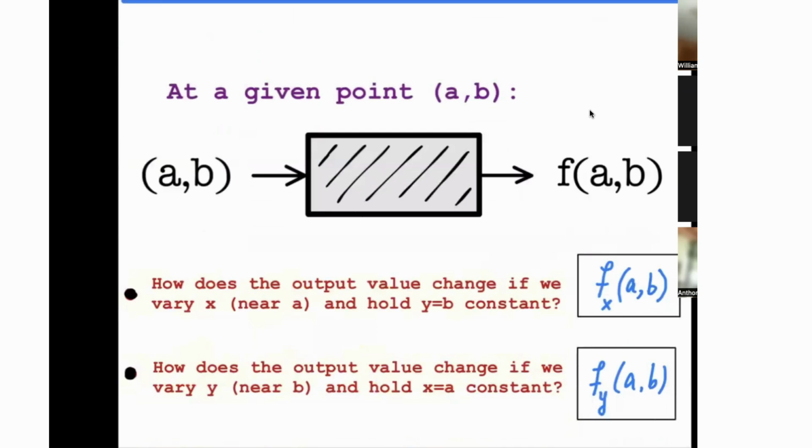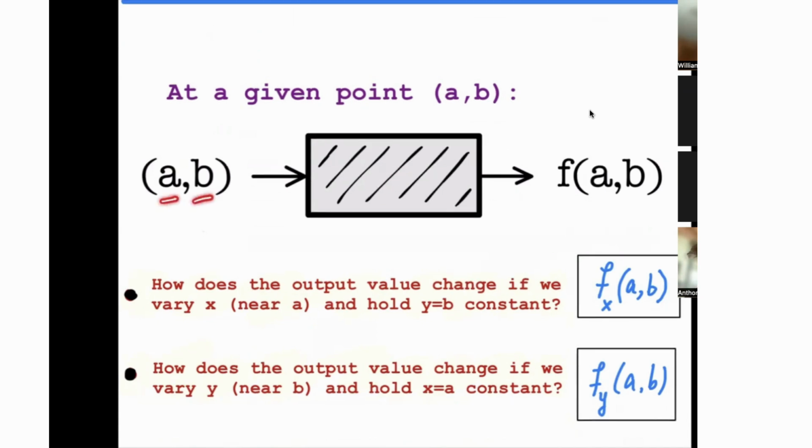So the idea behind the partial derivative is that instead of changing both the x coordinate and the y coordinate simultaneously, we're just going to change one or the other. So if we're trying to calculate the change relative to x, then we think about changing the x coordinate, maybe replacing A by some nearby point, but we're going to hold B fixed.